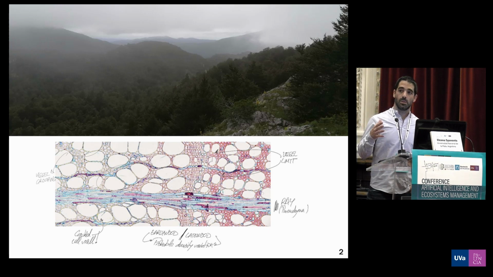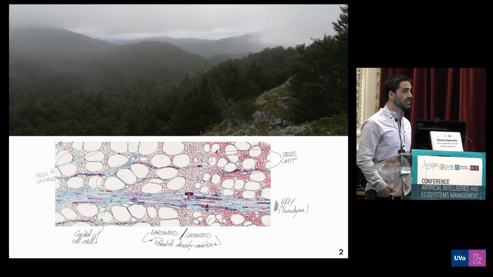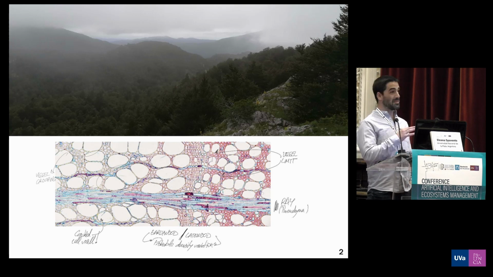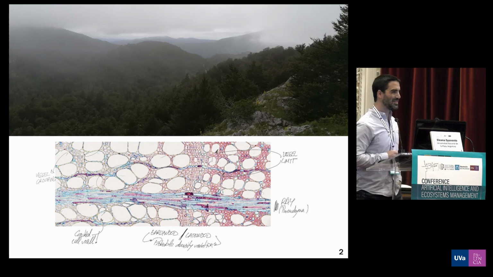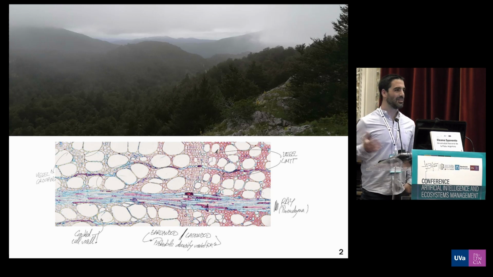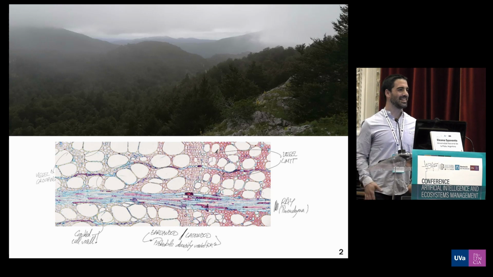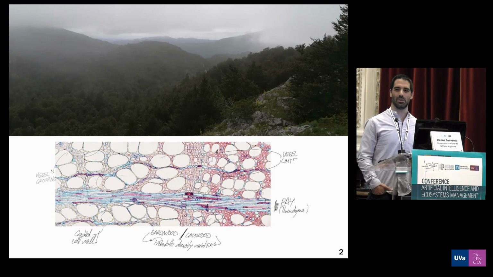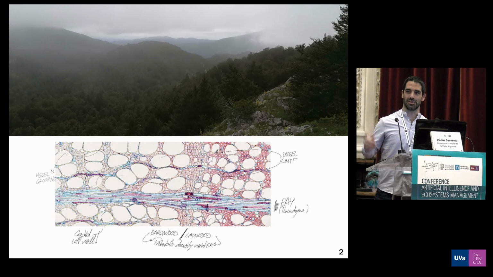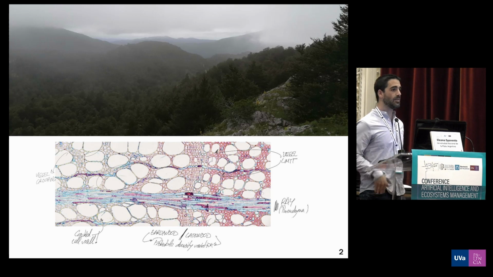So we are getting some data from trees by using tree cores. That is a bit destructive for trees, but they can survive, improve their growth and continue with their life. And we get the essential data, cell to cell, of the growth.